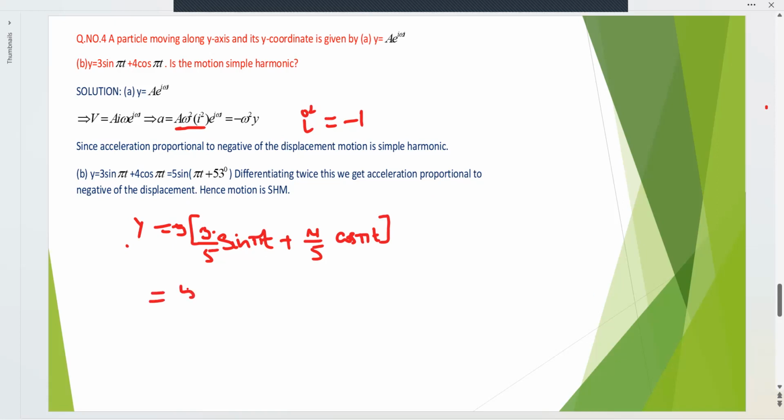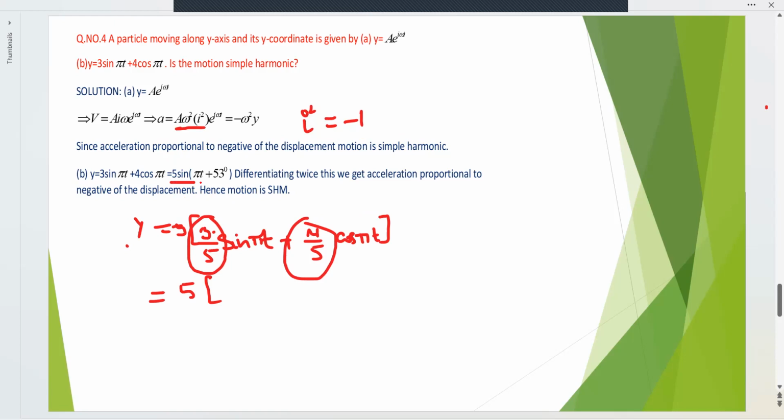That is equal to 5 into, 3 by 5 can be written as cos 53, and 4 by 5 can be written as sine 53. So this is sine 53 and this is cos 53. Then we can write it as 5 sine of pi t plus 53.